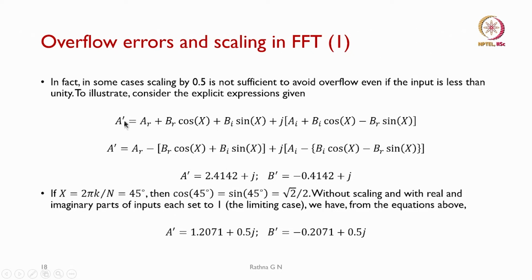So, we consider a dash equal to our real part, br into cos x plus bi into sin x, and this is our imaginary part, and then we assume a dash is equal to 2.4142 plus j, and then b dash is equal to minus 0.4142 plus j.